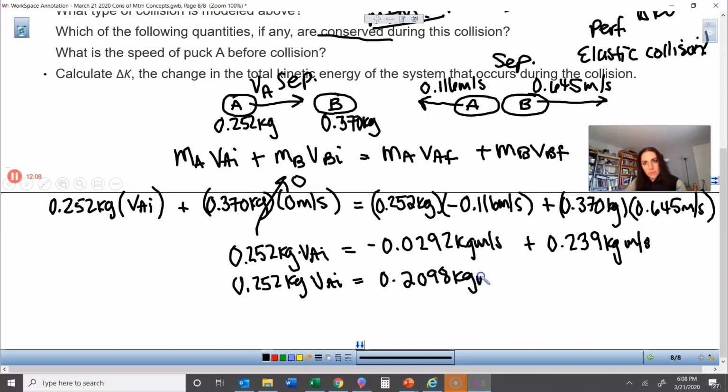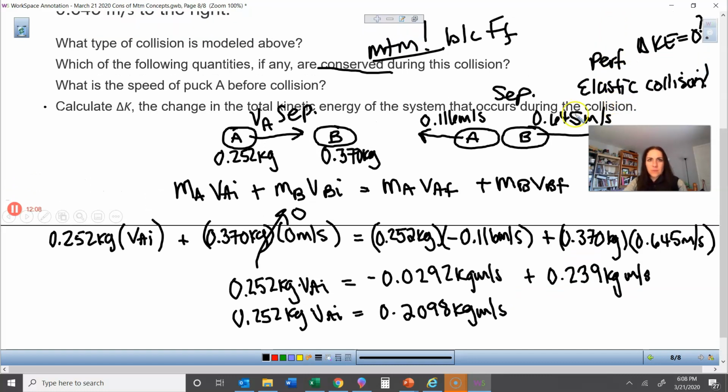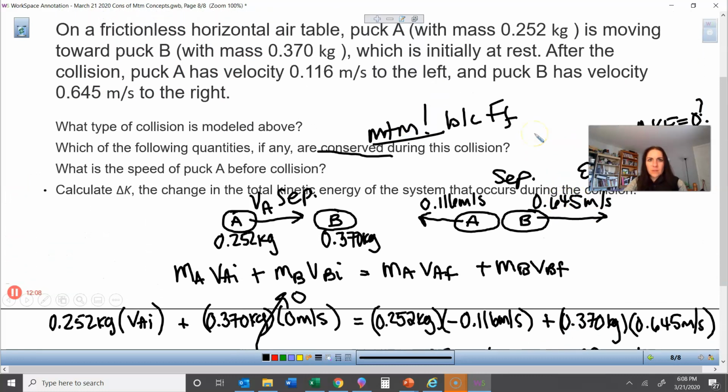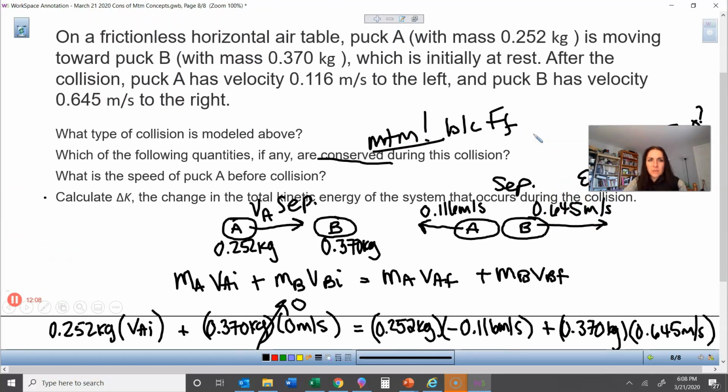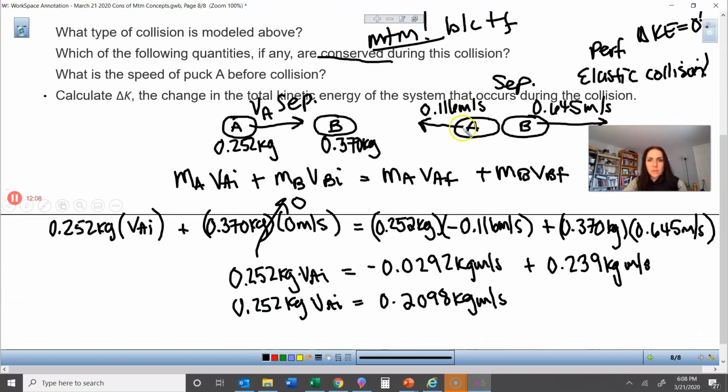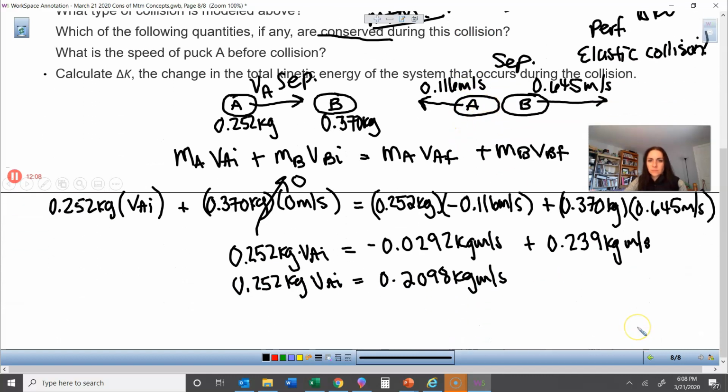This is kilograms meters per second. I'm just going to double check my numbers. They look fine, but I just want to make sure I'm doing this right before I get committed to it, right? And that all my numbers look good. Yeah, it goes fast. Okay. All right. It's fine. All right, so now that I did that, I basically divide both sides by this number.